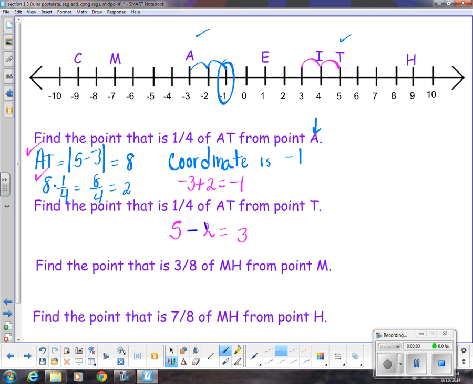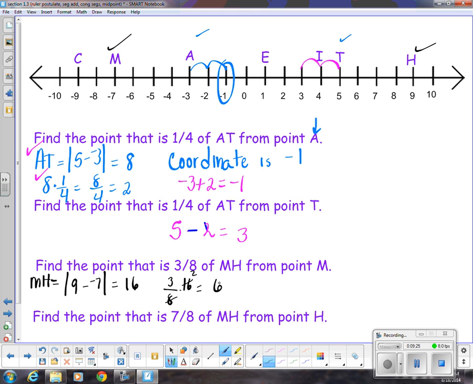Here's another one, MH. Here is M, here is H. The first thing I do is find the length from M to H, which is the absolute value of 9 minus -7, which is going to be 16. Now I need 3/8 of 16, and that is 16 divided by 8, which is 2, times 3, so 6 units.